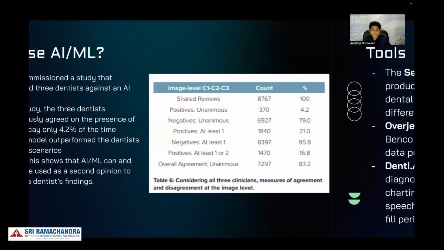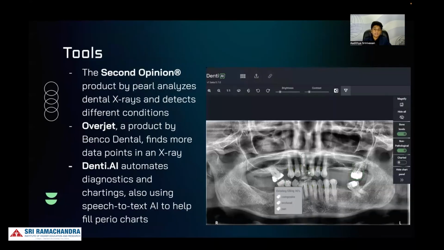So, what are some AI ML tools you could use today? First, Pearl's second opinion product automatically detects numerous conditions in dental x-rays, essentially providing dentists with a second set of eyes. And this includes detecting caries, calculus, margin discrepancy, root canal, and much more.